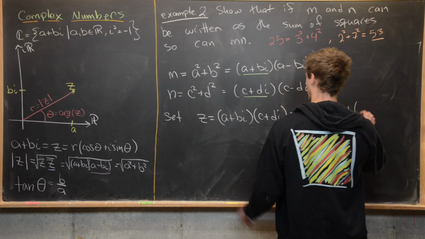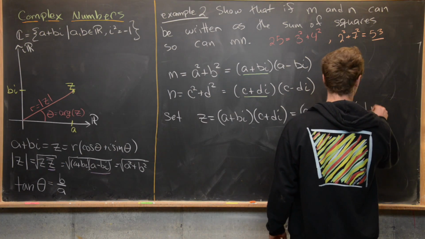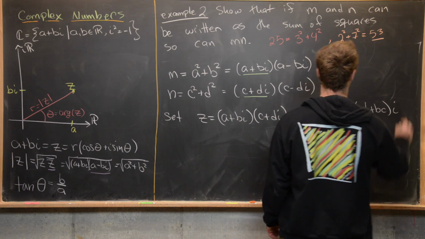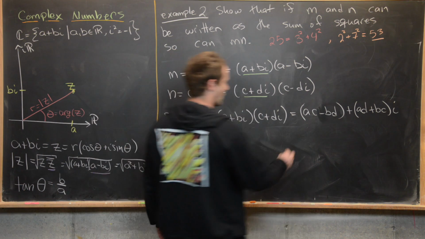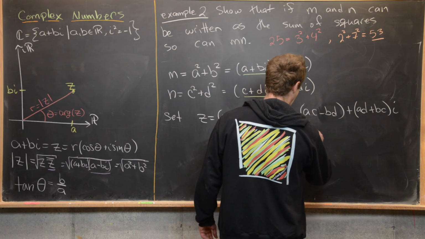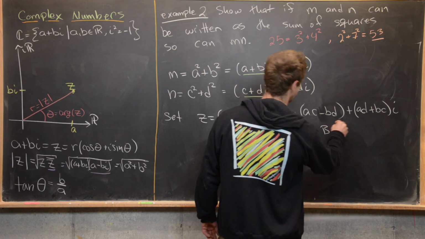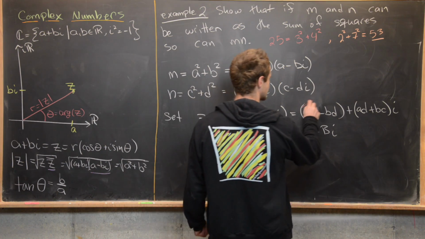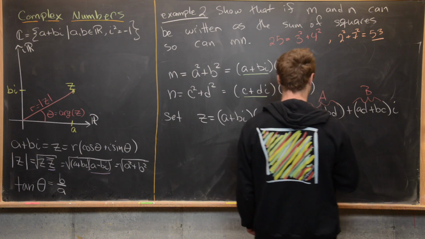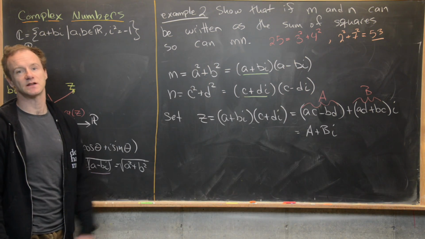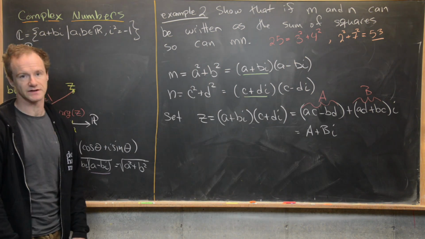And then next we're going to have plus ad plus bc times i, like that. Now, I want to go ahead and write that as capital A plus capital B times i, where I just absorb all of these numbers into capital A and all of those numbers into capital B. And those are still integers because they're combinations of integers.